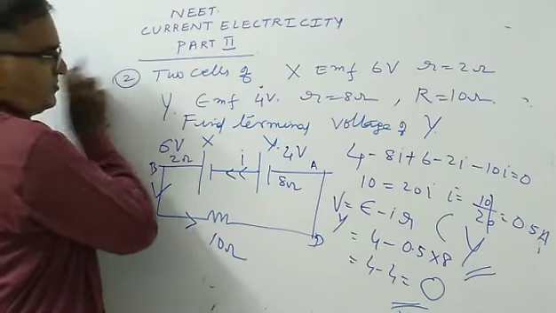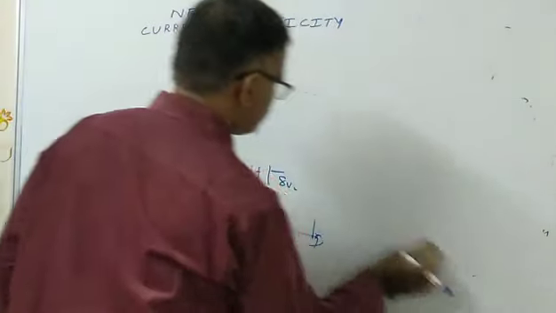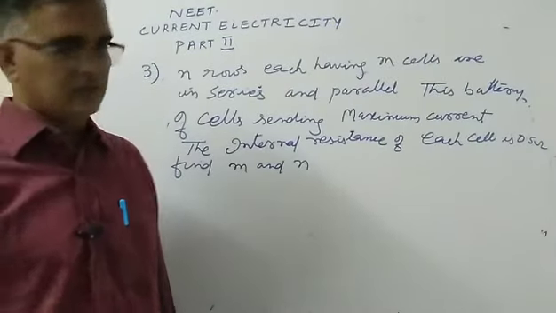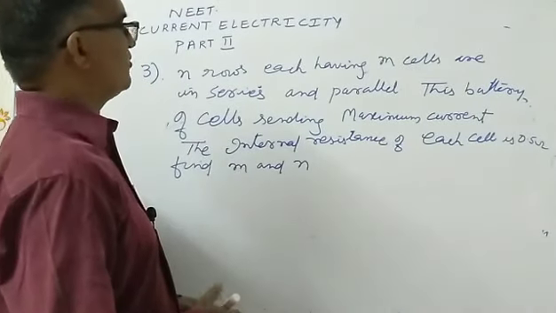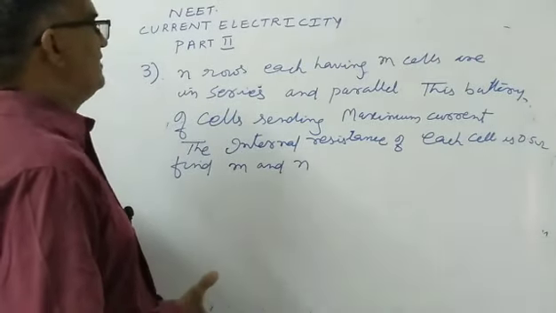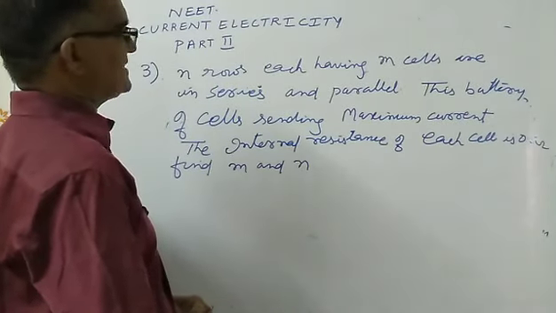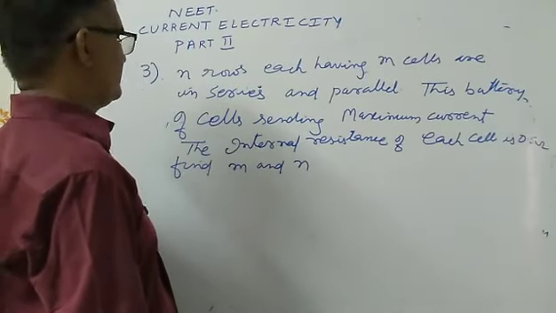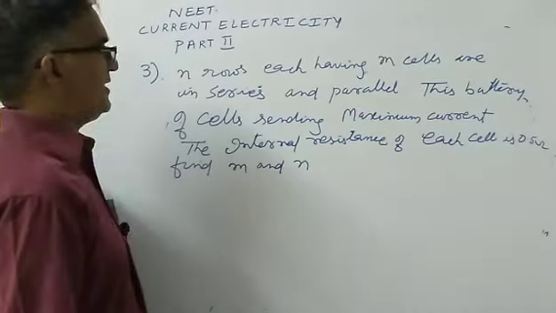Now the third one is based on this problem. There are n rows of cells, each having m cells in series, and the rows are in parallel. This battery of cells is sending maximum current. The internal resistance of each cell is 0.5. Find m and n.